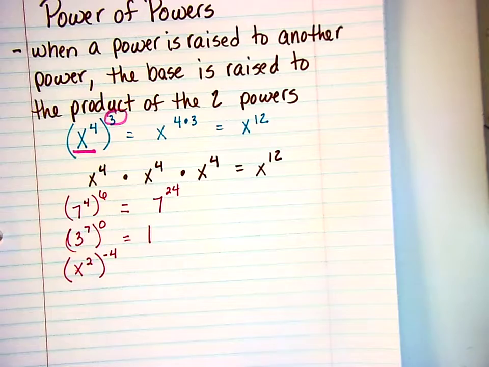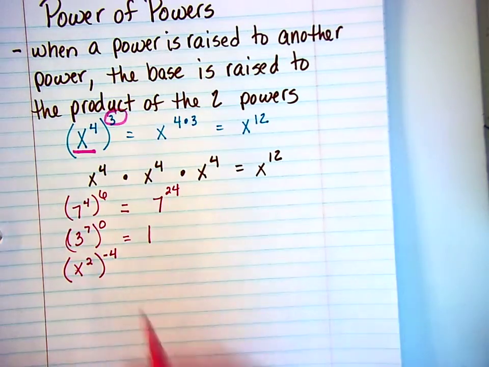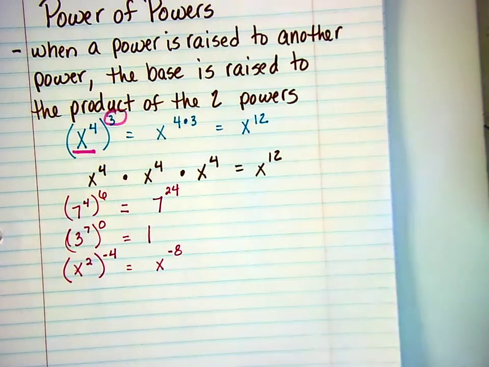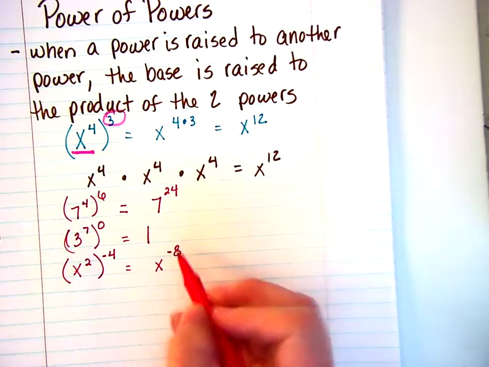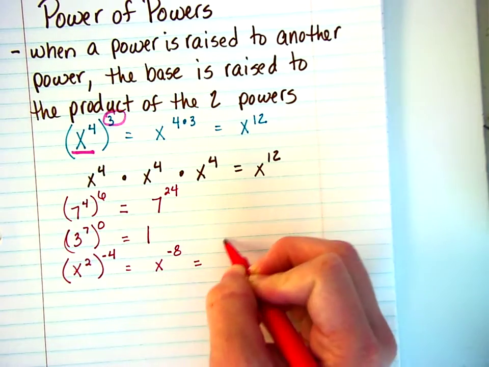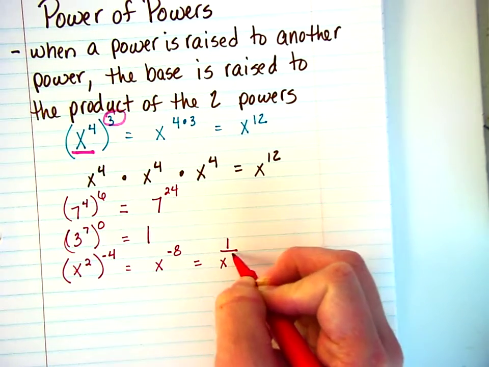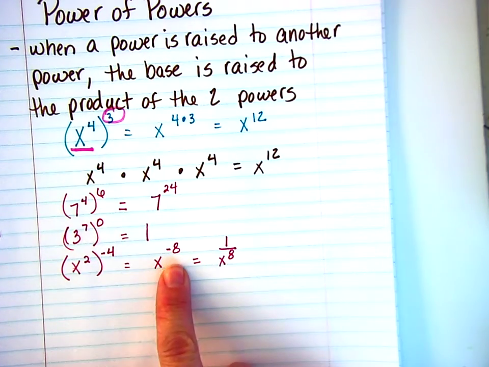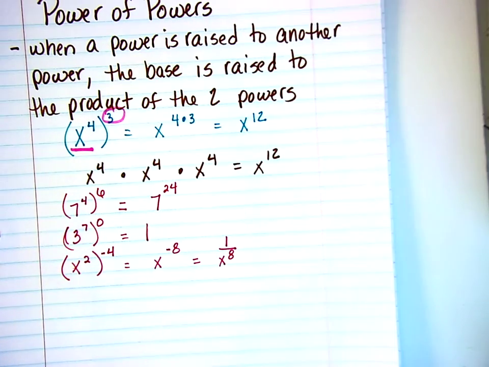I didn't trick everybody. Remember, you cannot have a negative exponent. And if you're erasing that negative exponent, you need to put it somewhere else. So I end up with x to the power of -8. That's not okay. So I need to put this as a denominator, which gives me 1 over x to the power of +8. When it's a negative, I need to move it to the denominator spot, and it'll turn positive.